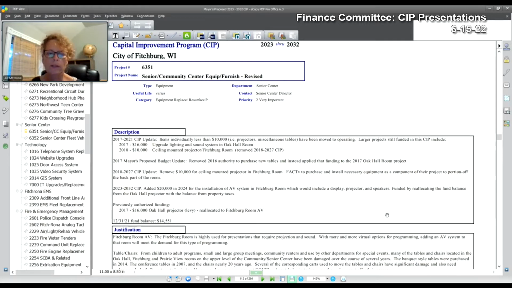So we would really like to do an overhead projector and then a nice big large display and some speakers to go along with that projector that would tie into the sound that Jeremy was going to include in there. So I requested the $20,000 for that AV system to partner up with Jeremy's part of that project. And that looks like it's put in for 2023.